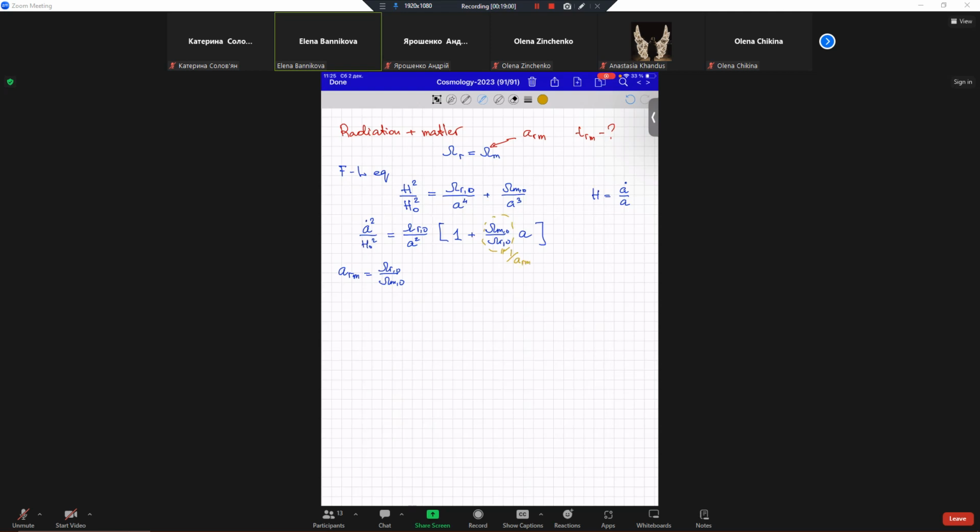And finally, if we remember that a point is dA by dt, we can immediately write the relation for dt, for the time. So this is dA divided by the square root of omega r0, because we need to take the square root, and here 1 plus a divided by ARM, to the power 1 divided by 2.